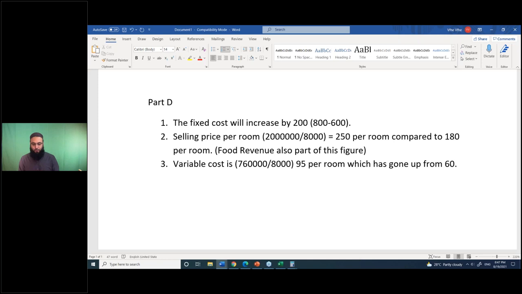And obviously this includes the cost of food in the restaurant as well. Perfect. This is the quantification. By looking at the graph, this is what you have to do.